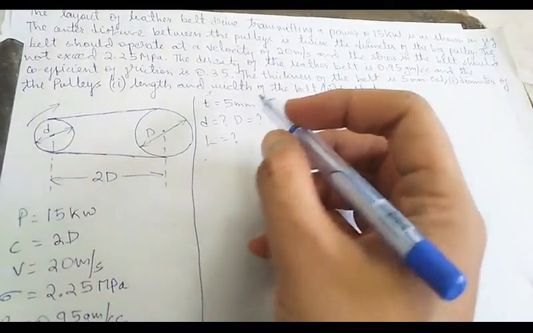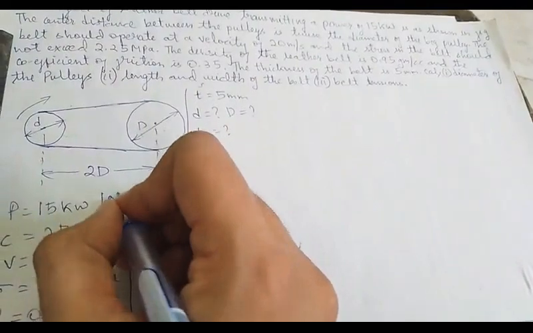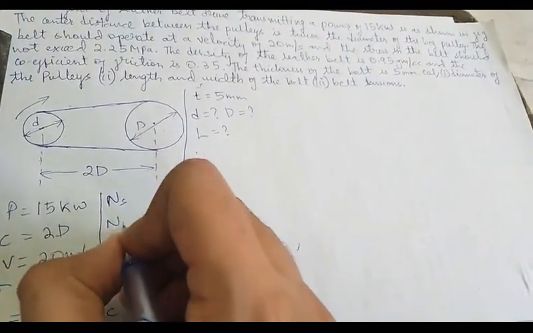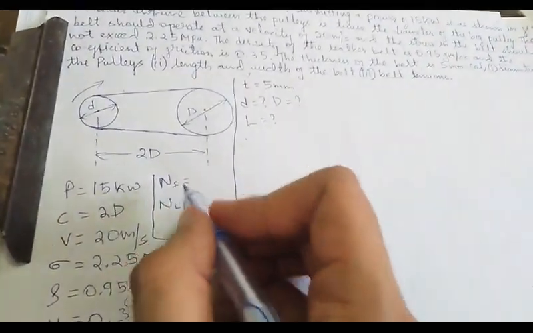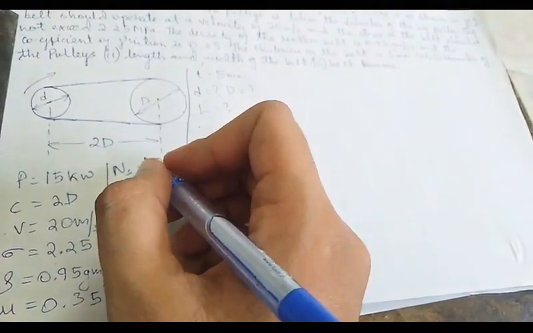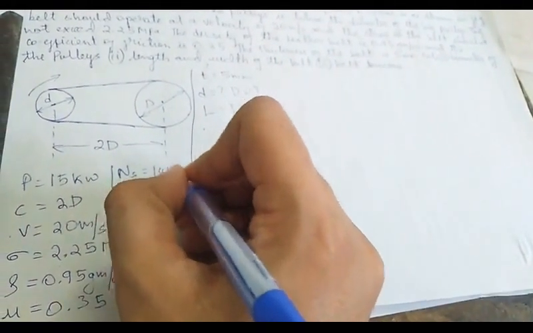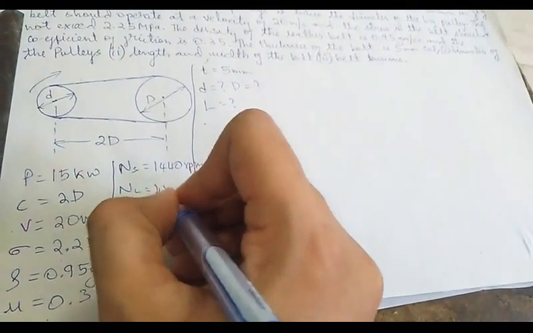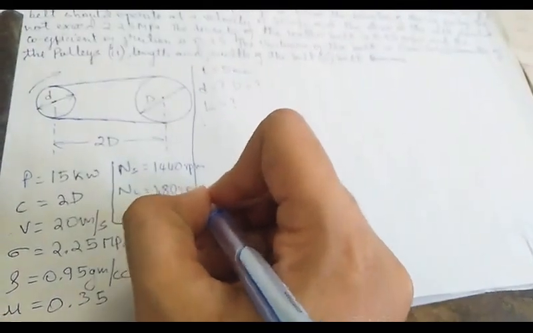They have given the speed of both the pulleys, so NS and NL. NS is speed of smaller pulley and NL is speed of larger pulley. So it is 1440 RPM and this is 480 RPM.